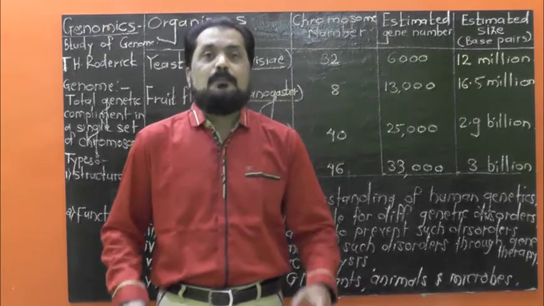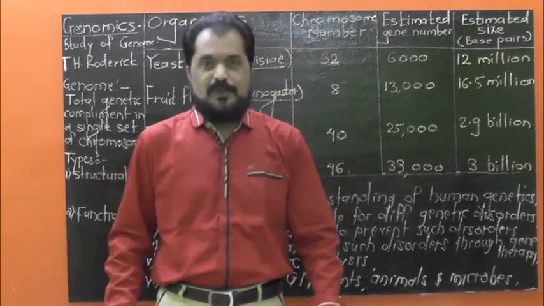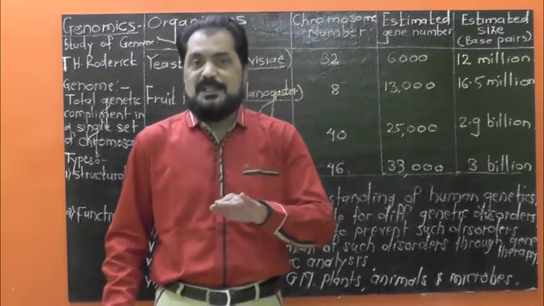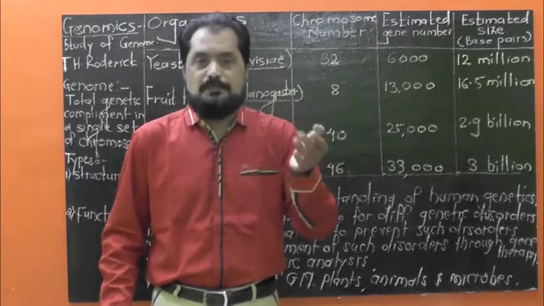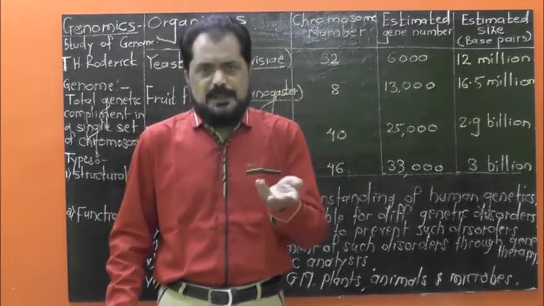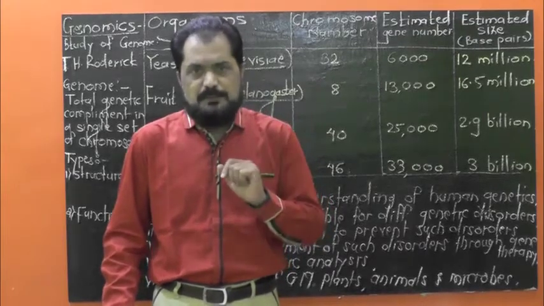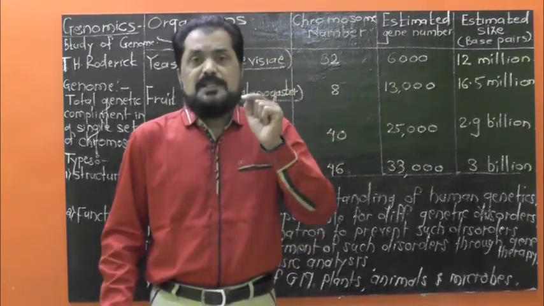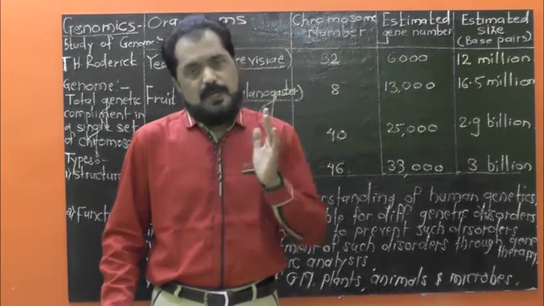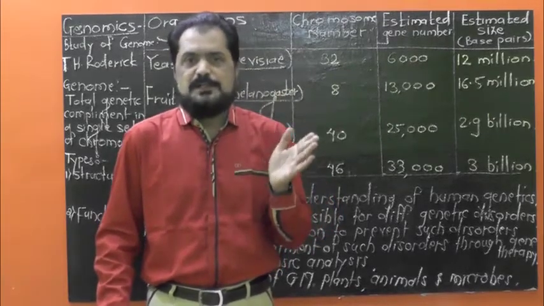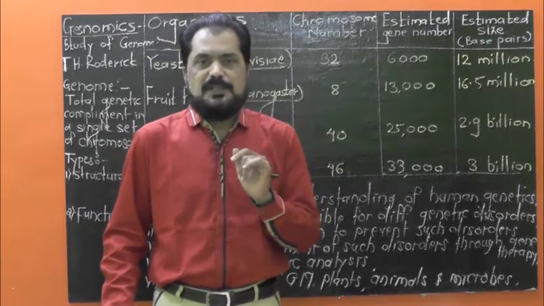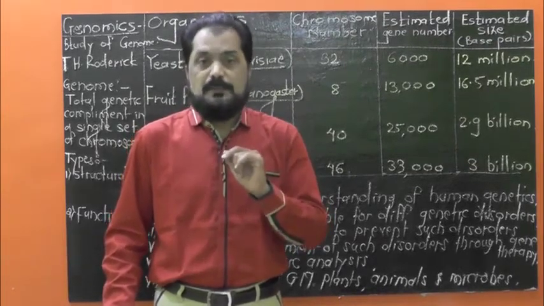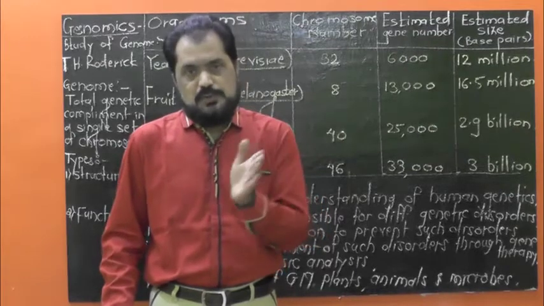In polyploid cells, in which many sets of chromosomes are present, there are many genomes. A triploid cell has 3 genomes, a tetraploid cell 4 genomes, a pentaploid cell 5 genomes, and so on.